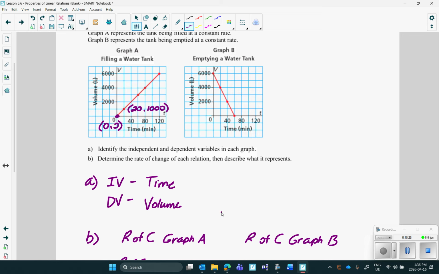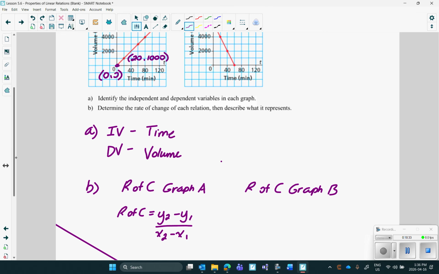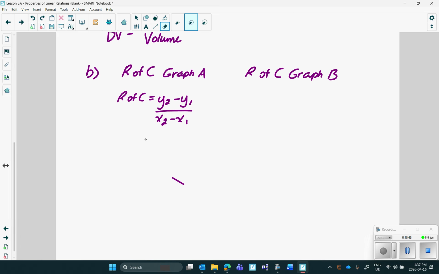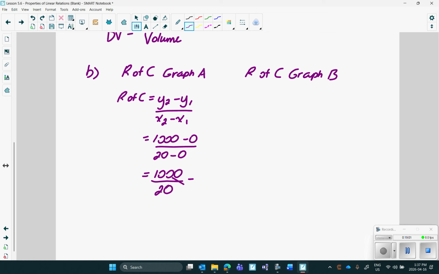So I have to subtract those two, right? The rate of change is going to be 1,000 minus 0 over 20 minus 0, which is 1,000 over 20, which works out to 50.